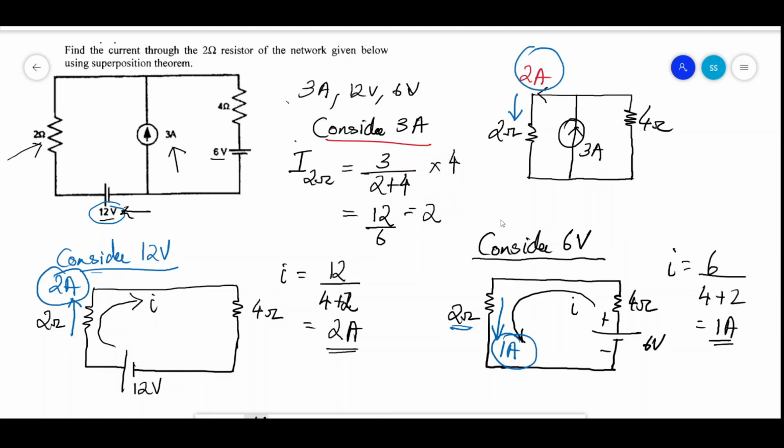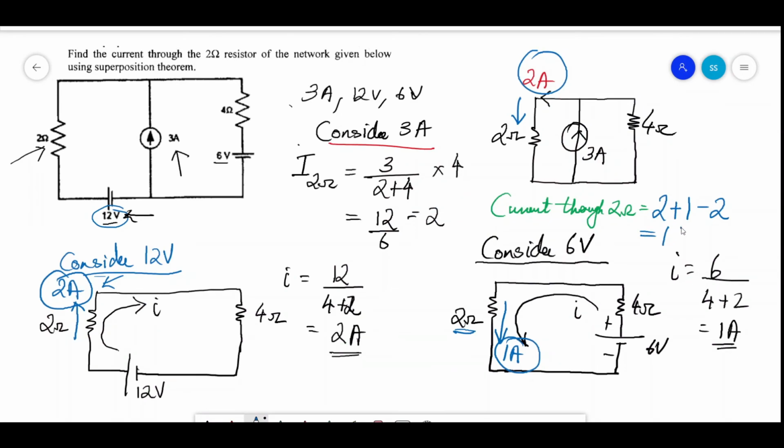So we consider the effects of all three together. Current coming down is taken as positive and current going up is taken as negative. So 2 ampere and 1 ampere are coming down, and 2 is going up. So 2 plus 1 minus 2 is 1 ampere.